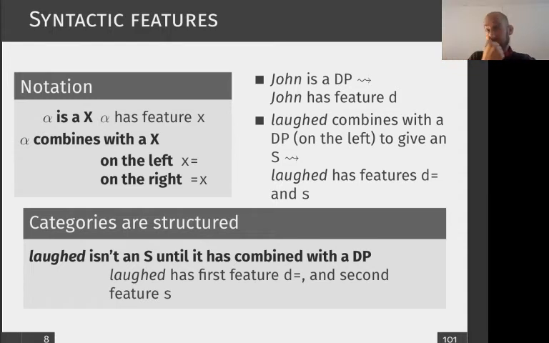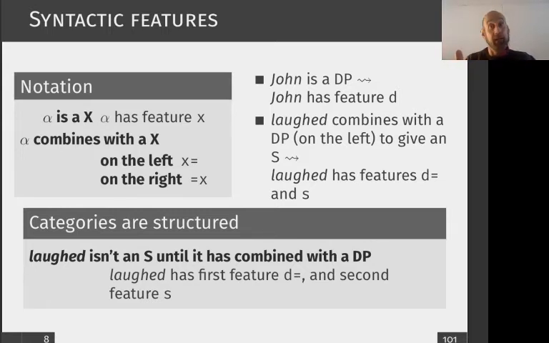And more generally in the notation box, if we say that something is a PP or a P, then we're going to write that down as that thing having the feature P. Okay.